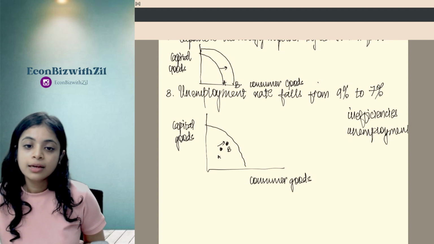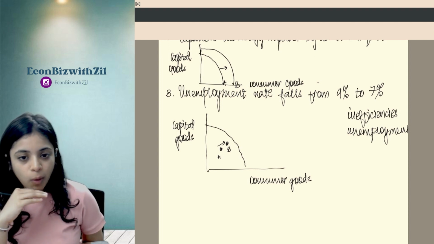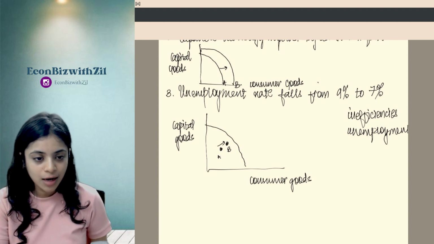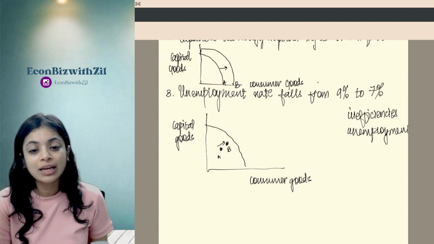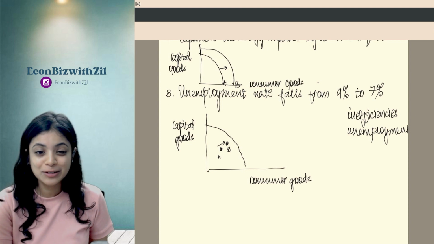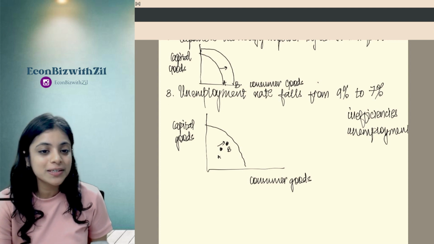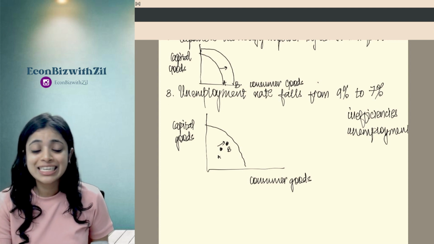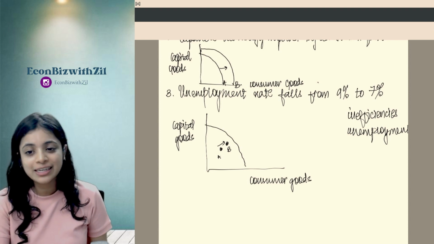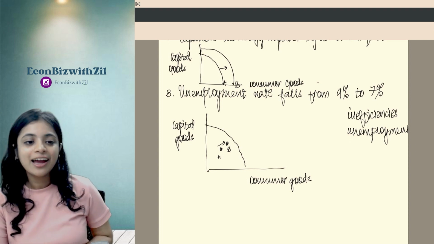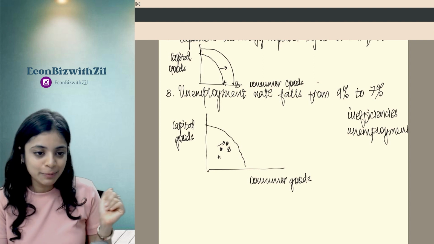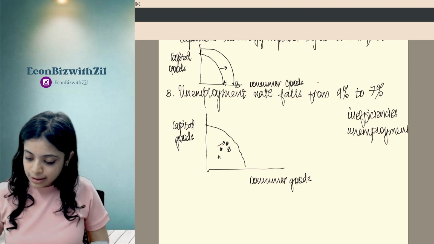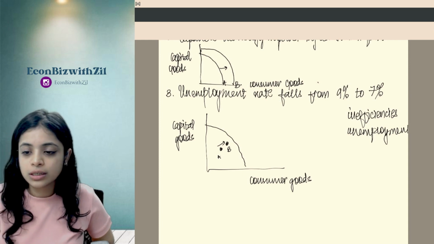Because my unemployment rate is falling, we're getting better in terms of efficiency, but it's still inefficient, so it'll be within the PPC. This is something you always need to remember: unemployment is always within the PPC, and like I said, mostly all economies function at a point within the PPC itself. Okay, let's quickly look through certain MCQs.